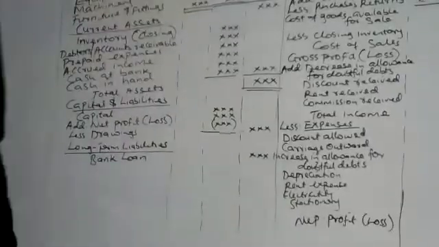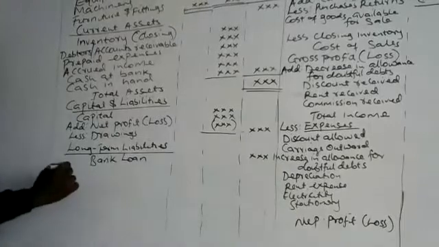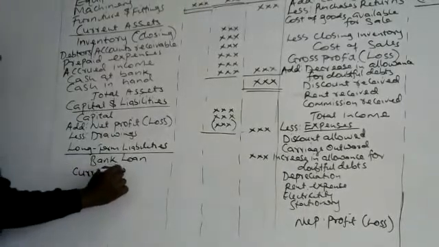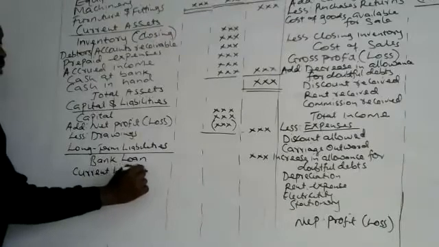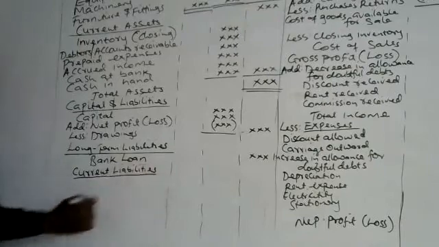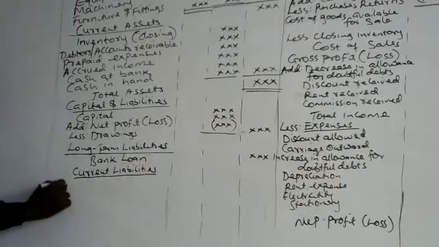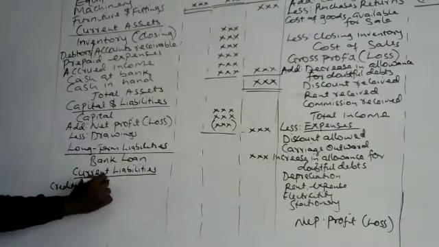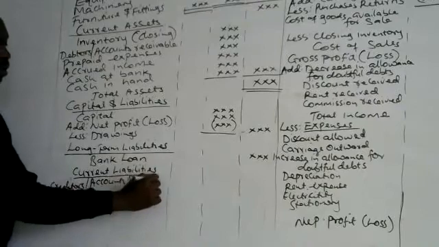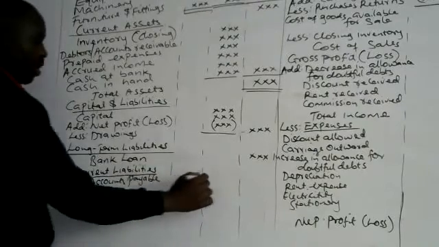After the long-term liabilities, now we go to the current liabilities, the creditors or accounts payable.